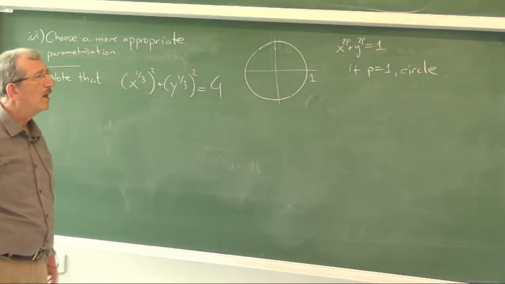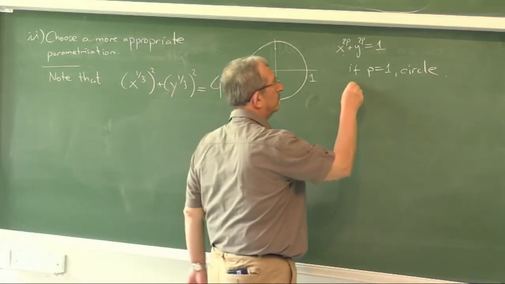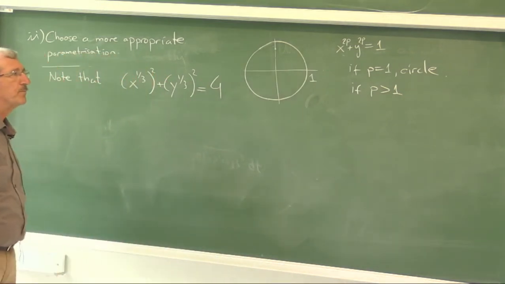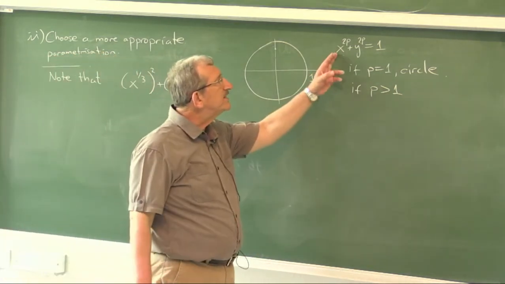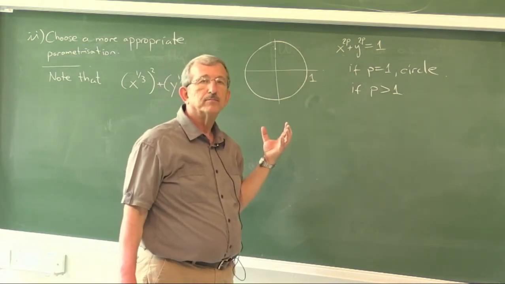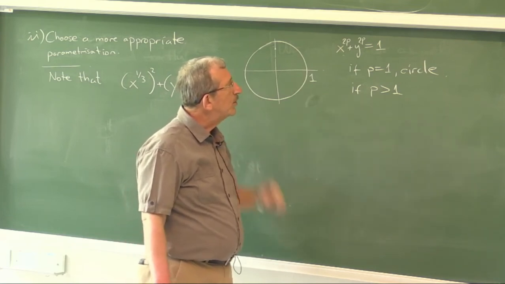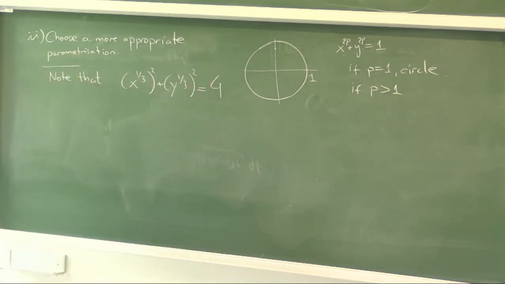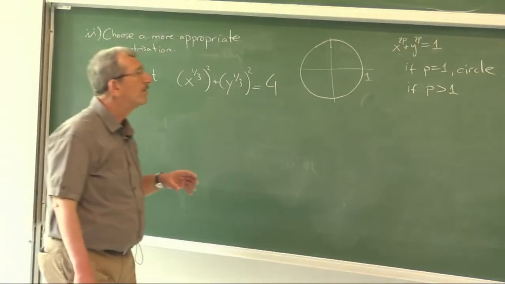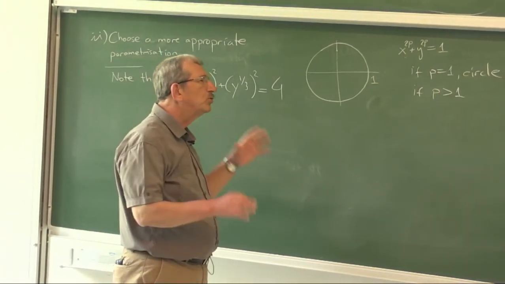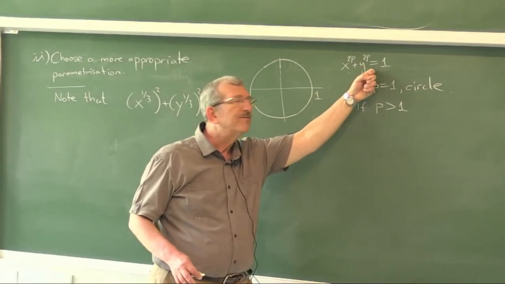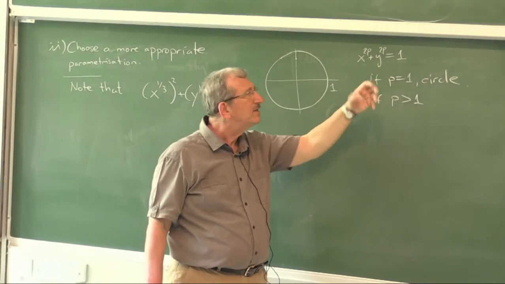Obviously enough. If p is bigger than 1, what do we have? Since x and y are smaller than 1, their pth powers are much smaller. So you have to put larger values of x and y to guarantee this equality. So what I mean is the following.